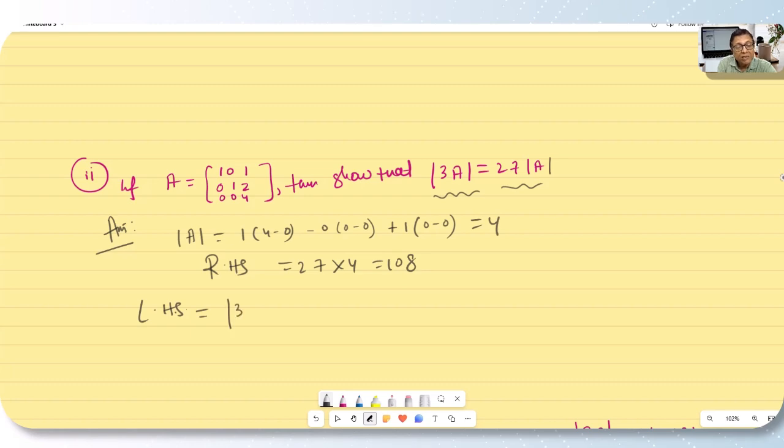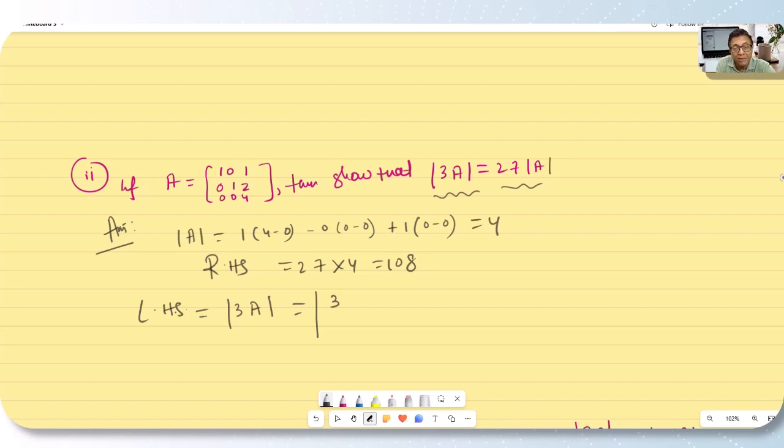Det 3A. How to get det 3A? You multiply this matrix by 3. When you multiply a matrix by an element, all the entries of the matrix are multiplied by the same scalar.